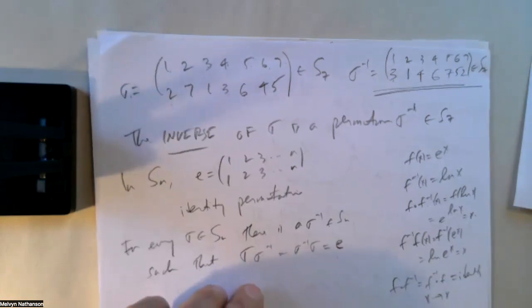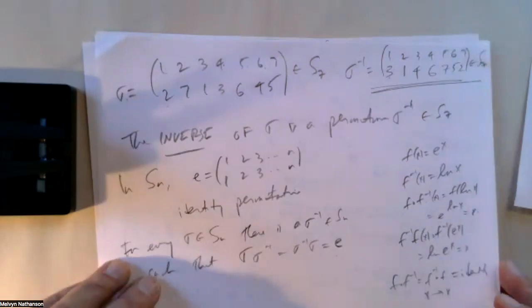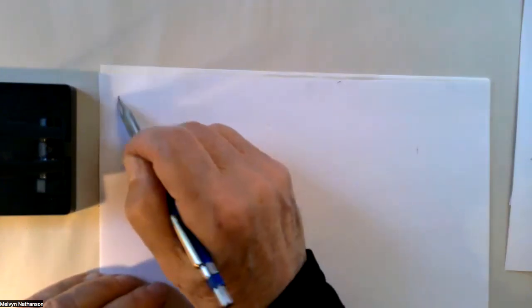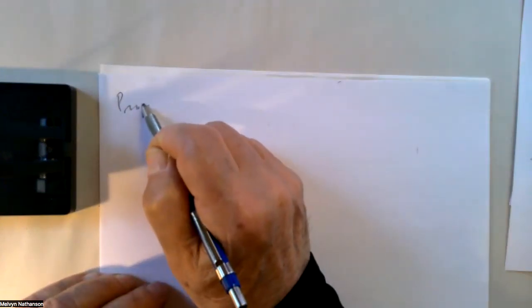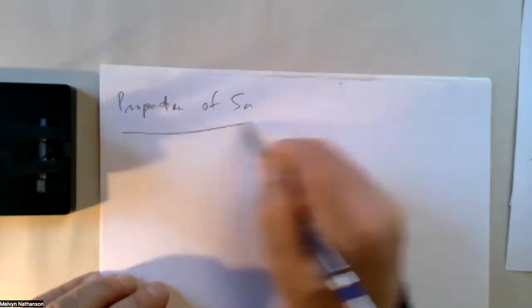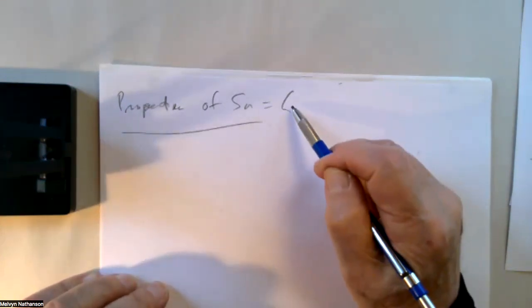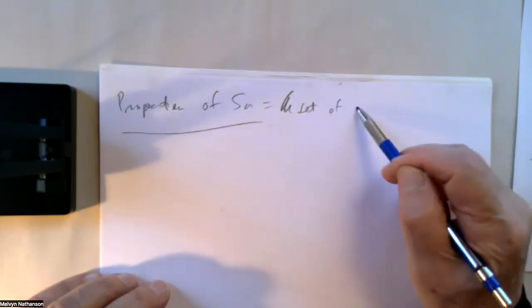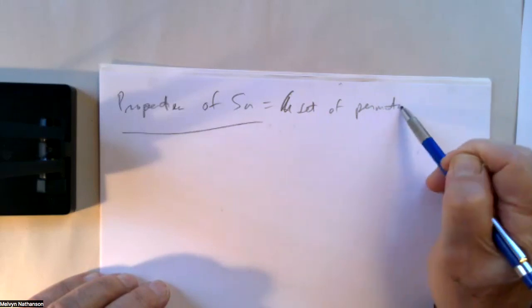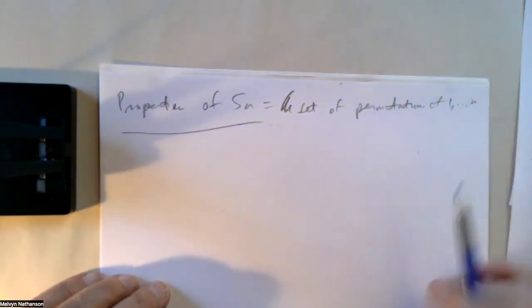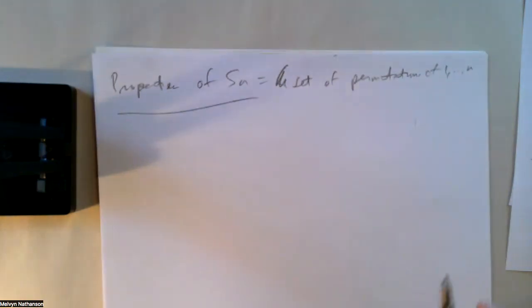Okay. So we just observe some properties of Sn. So Sn is the set of all permutations of the positive integers from 1 up to n.